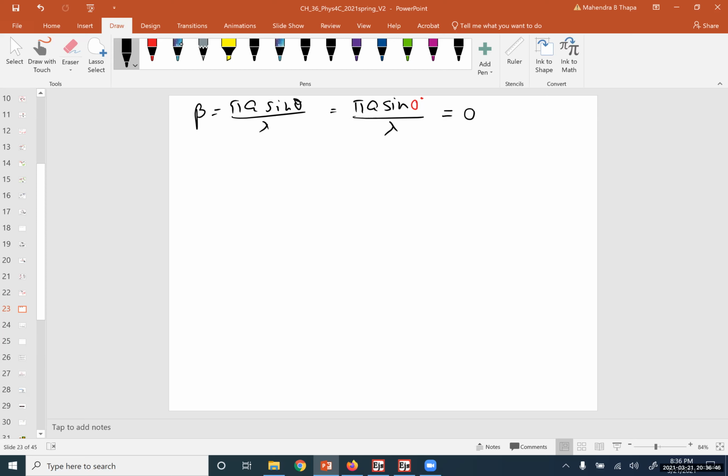We know from calculus that in the limit beta tends to 0, sine beta over beta will be 1.